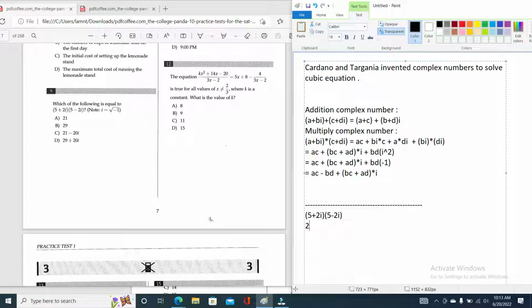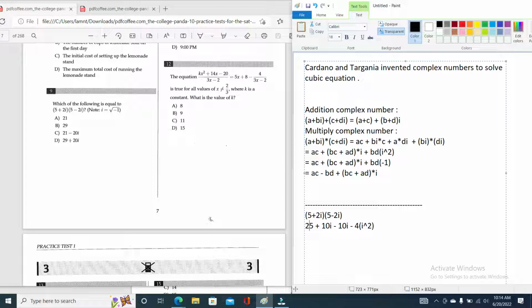5 times 5 is 25, 2i times 5 is 10i, right? And then 5 times minus 2i is minus 10i, and minus 4i squared, right?